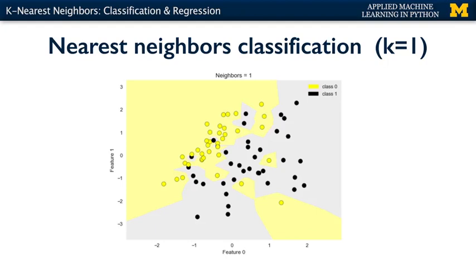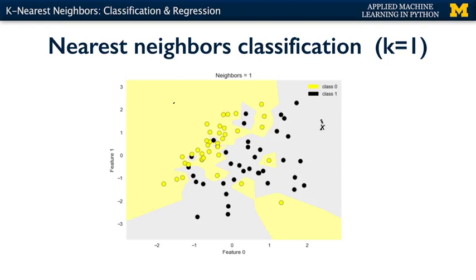And just as we did for the fruit classification, here we're also showing how the entire feature space is broken up into different decision regions according to the predictions that the k-nearest neighbors classifier would make at each point in the decision space. So for example, a point out here in the yellow region represents a point that the classifier would classify as class 0, and a point, let's say over here, the classifier would classify as class 1.